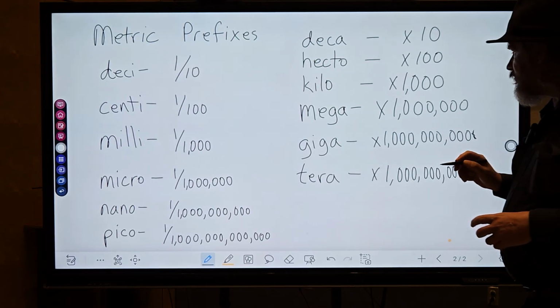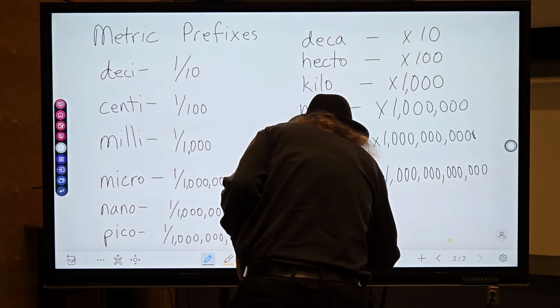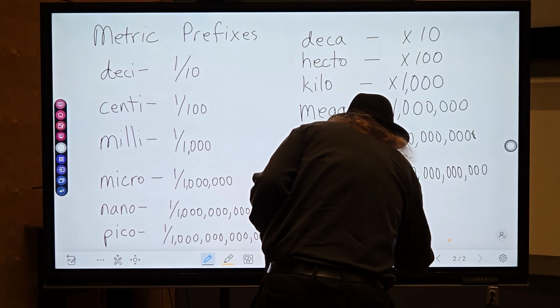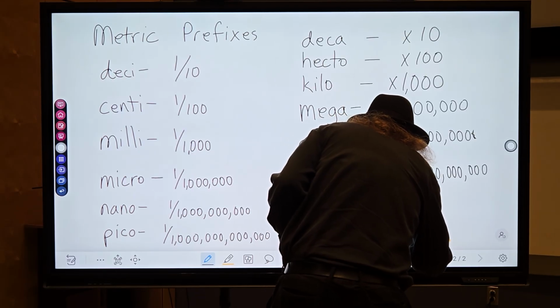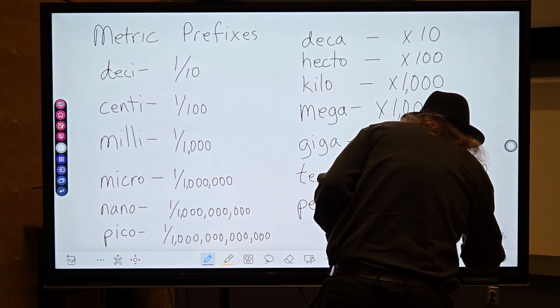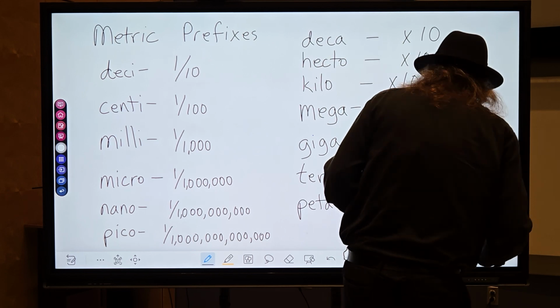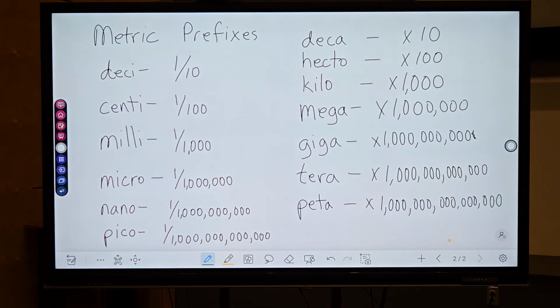And then for supercomputers, you will run into the peta prefix. One quadrillion. Supercomputers run at speeds of multiple petaflops.